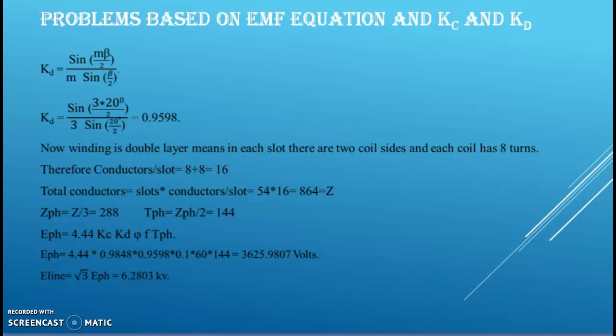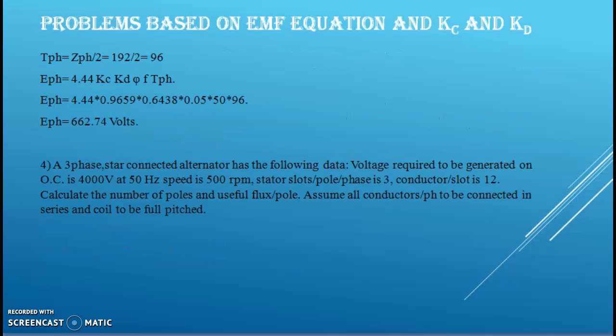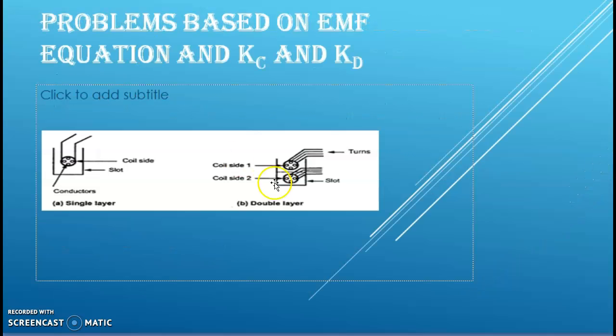Now in this problem, the winding is double layer. The meaning of double layer is that you have two coil sides placed in a single slot. So they have said 8 turns for one coil side and 8 turns for the second coil side. So 8 plus 8, 16 conductors are present in one slot.